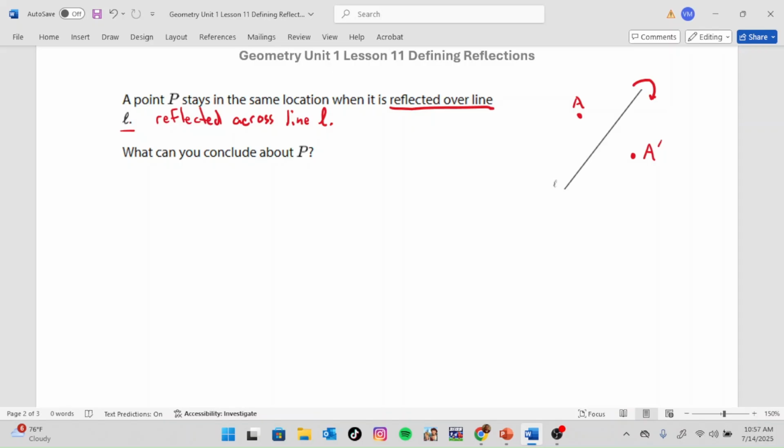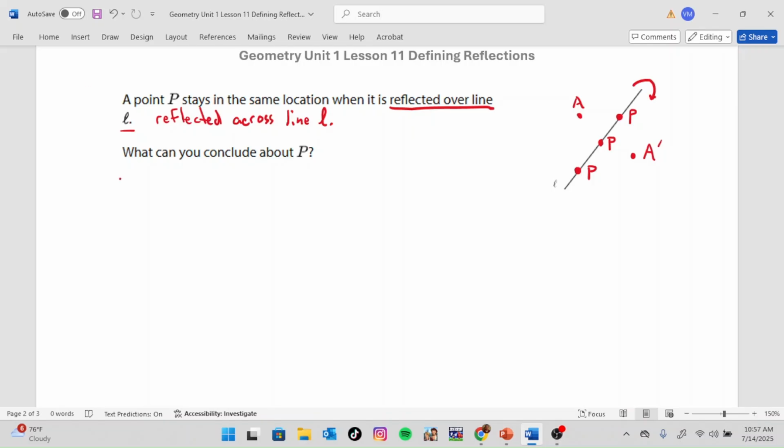So that's what we're going to say here. The point P would need to be somewhere on this line. Anywhere I put a point on this line, it is going to stay in the exact same place if we reflect across the line.